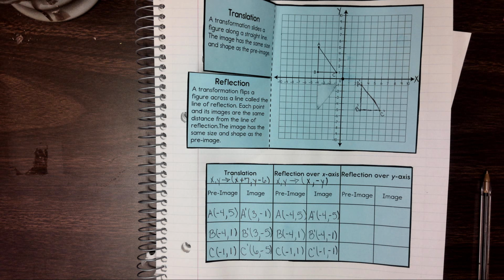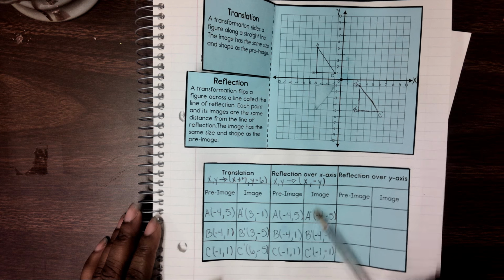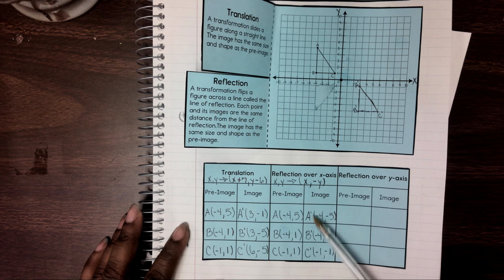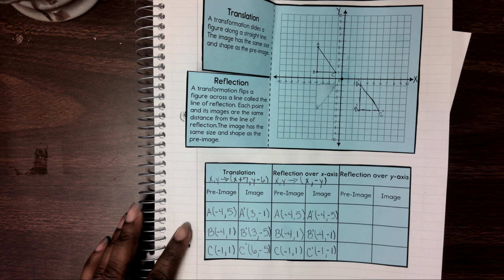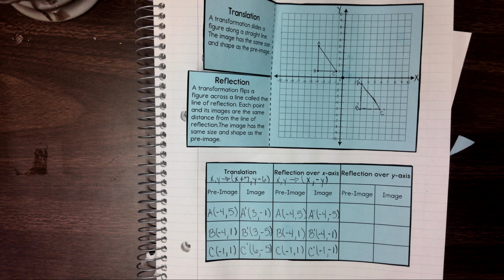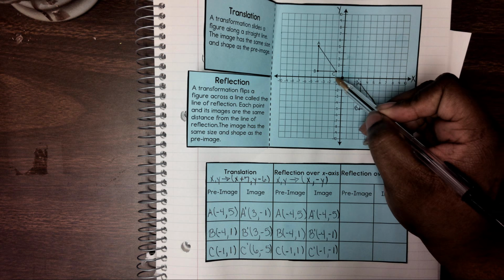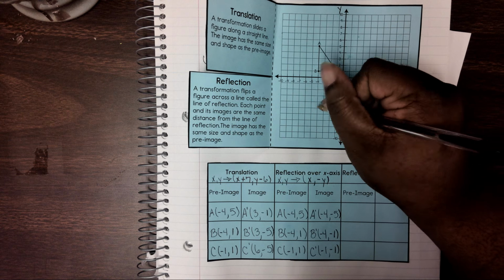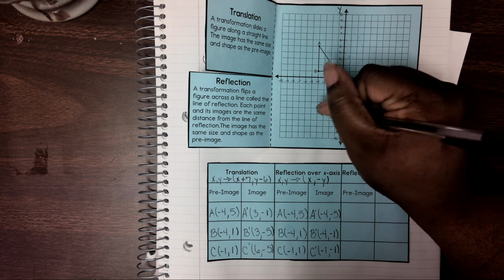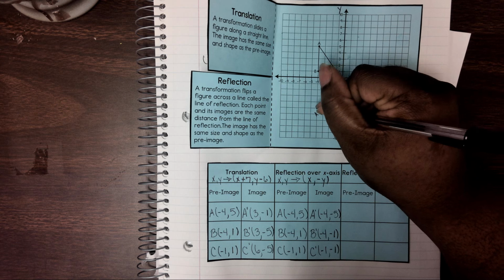All right, you guys. So we do need to go back and plot our new points, our A prime, B prime, and C prime. So I'm going to remove my triangle. And again, just give it a moment to autofocus. All right, so our A prime is at -4, comma -5. So we're at -4. We go down to -5. And again, that is our A prime.